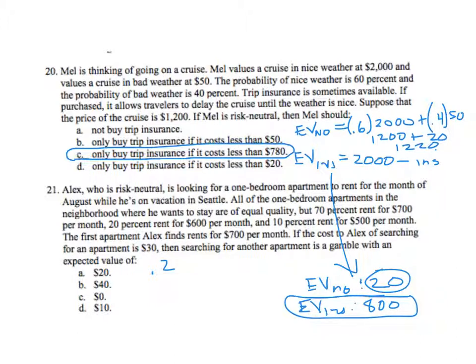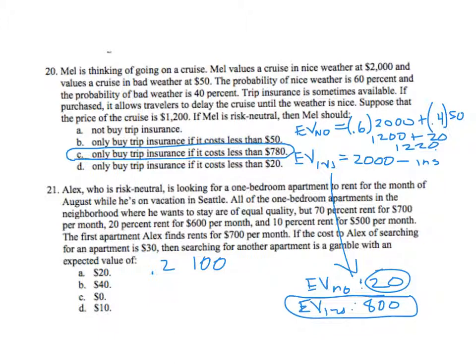Oh, I'm surprised nobody challenged this, because we were talking about just what's the value of a stream of $100 a month payments. Let's just go forward. With probability 0.2, he saves $100.